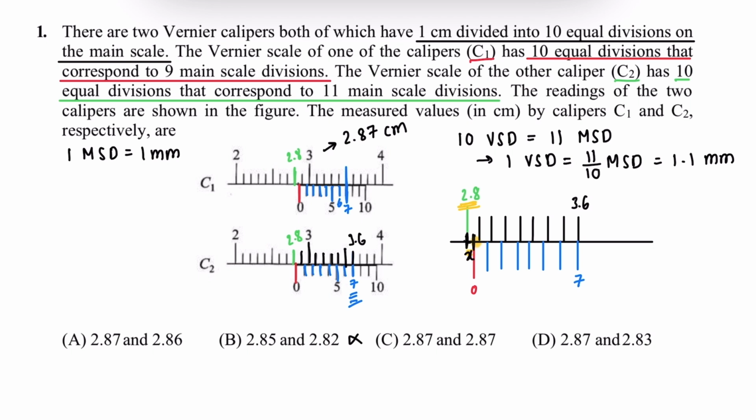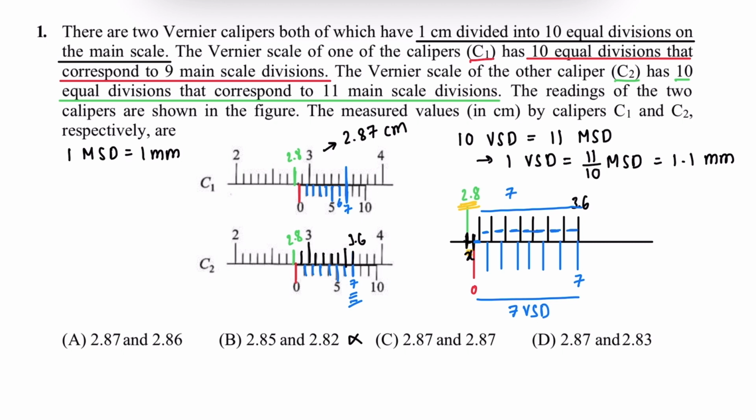That distance, this one right there, is equal to 7 vernier scale divisions. And this one right here is also 1, 2, 3, 4, 5, 6, 7.